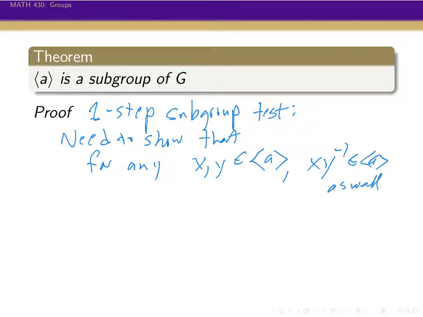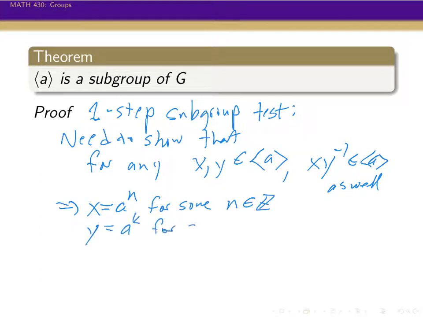Well, if x and y are in there, and this set is powers of A, then x is equal to a^n for some power n, and y is equal to a^k for some integer k.